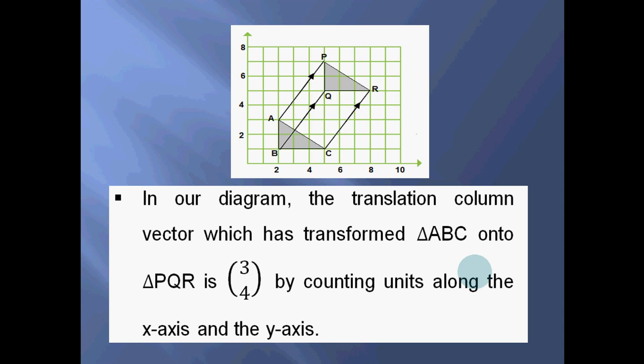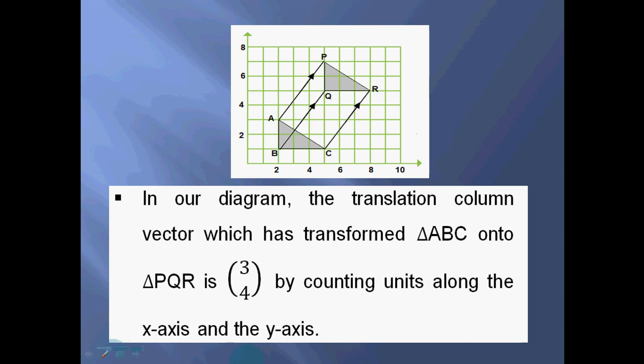In our diagram, the translation column vector, which has transformed triangle ABC onto triangle PQR, is (3, 4), by counting units along the x-axis and the y-axis.